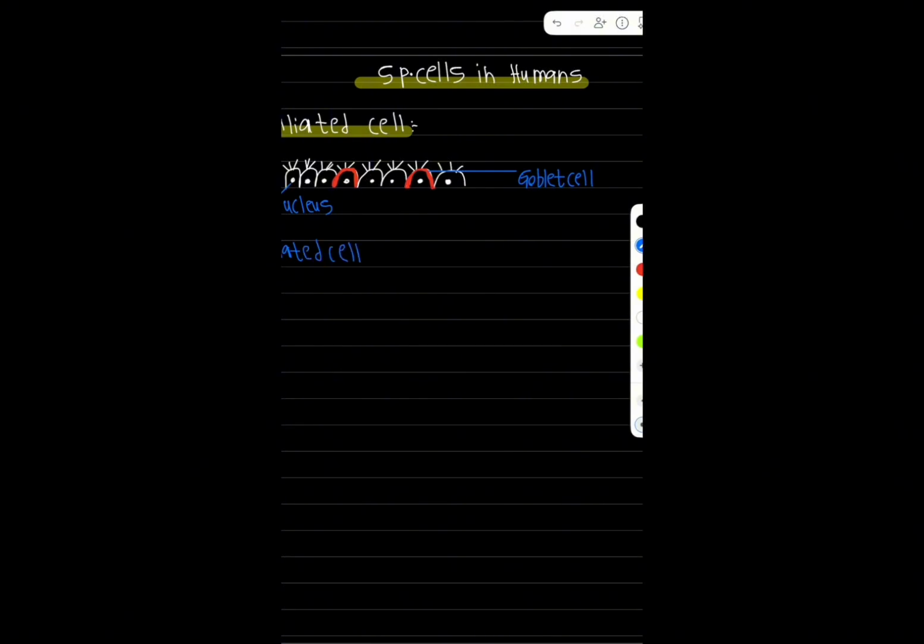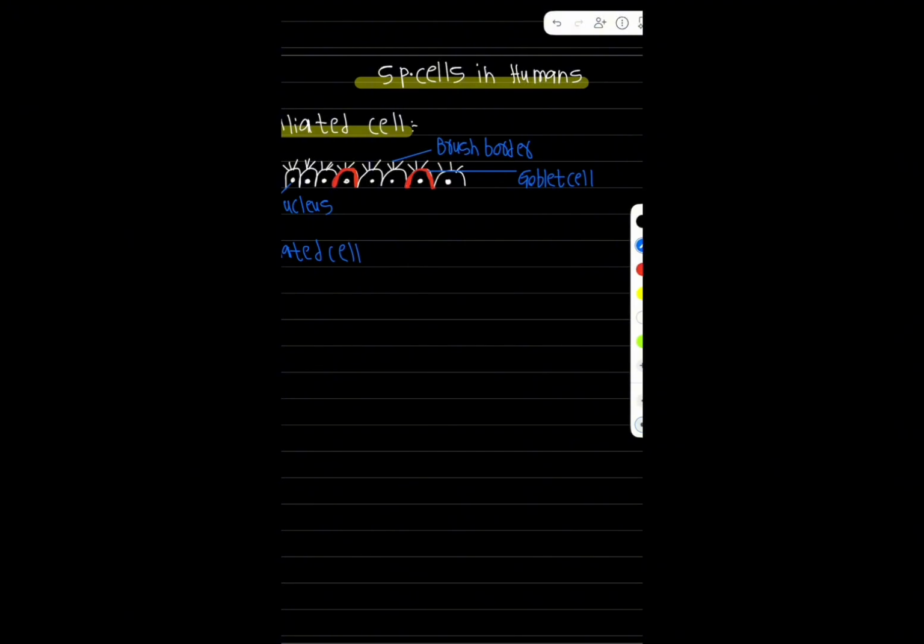Alright, now these are the brush borders. Now what does it do? The brush border is the cilia.